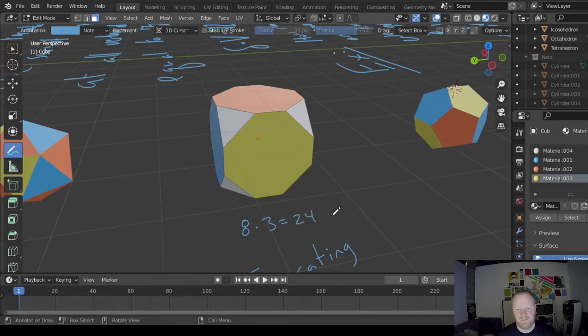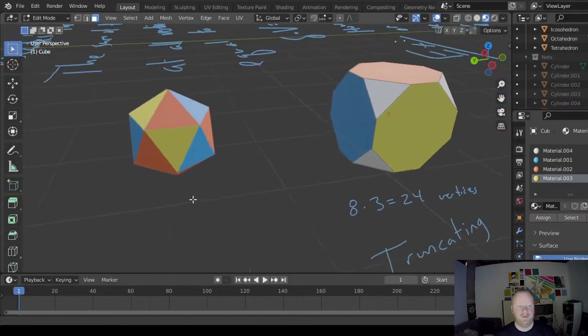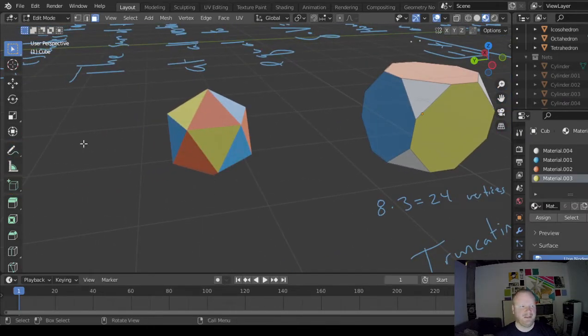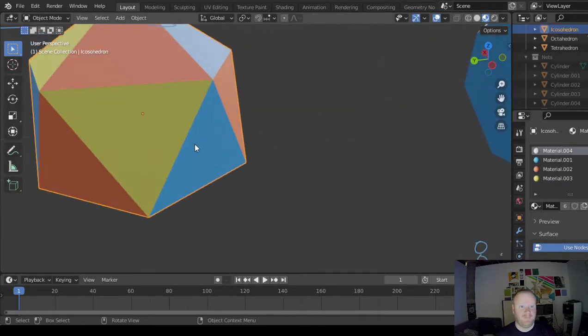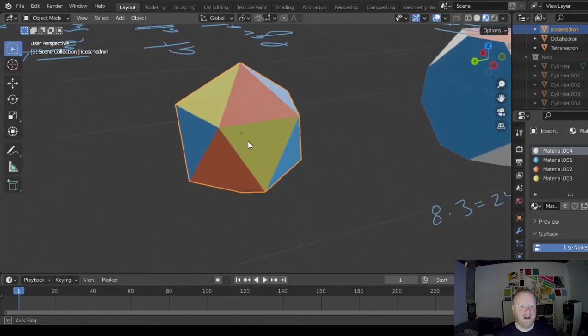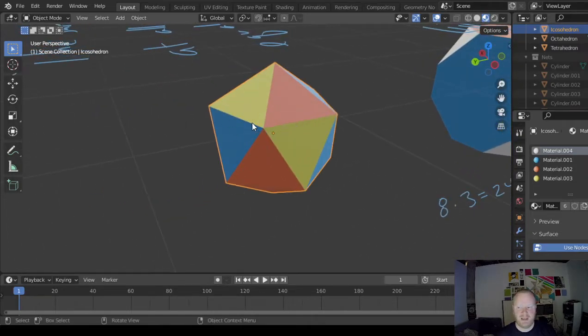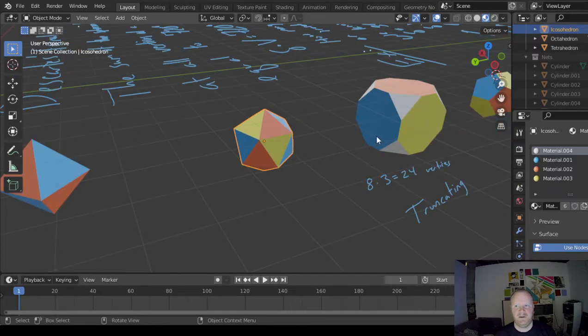So if we look at something like this, we've got 1, 2, 3, 4, 5 triangles meeting at each point here. So we could think about, well, what's going to happen when we truncate the vertices here.